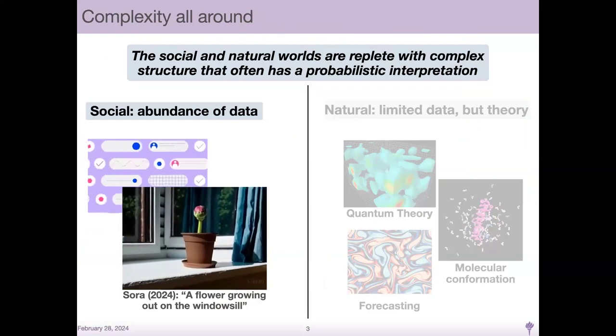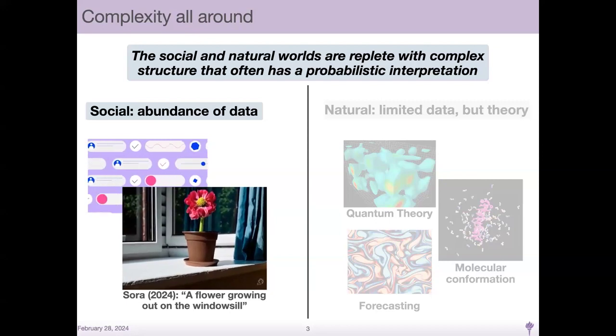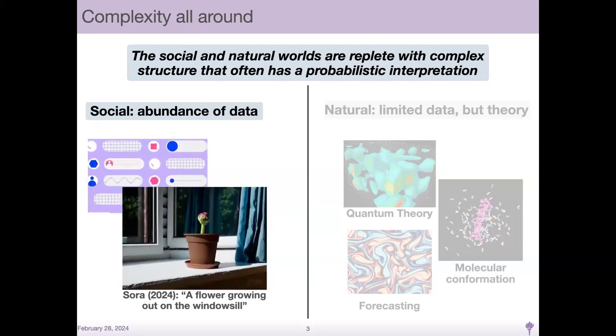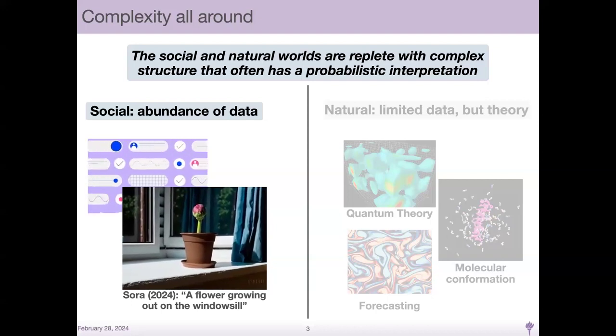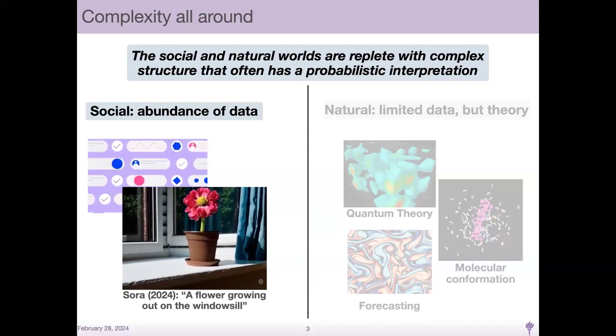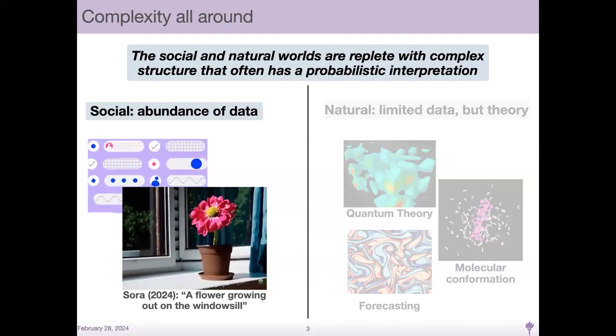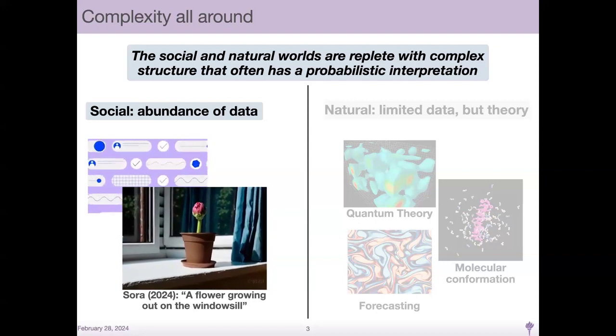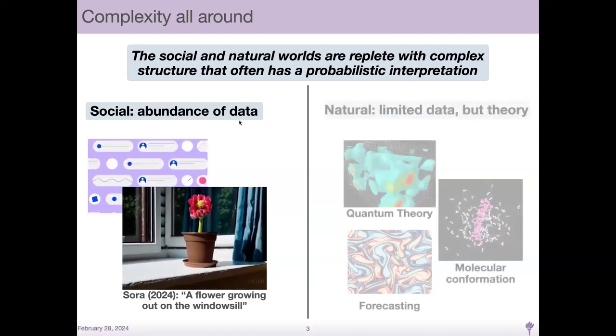We can look at abundance of data and construct algorithms now that give us an ensemble of possible interpretations of our designs. So if I ask, for example, for a flower growing on a windowsill, we have these text and video models now that are just kind of remarkable and make me think we're playing with fire a little bit. They could give you a perfect rendition of that in a matter of moments.